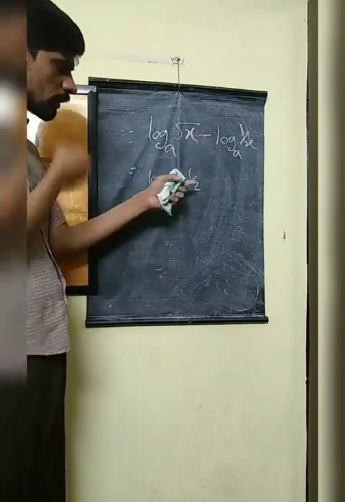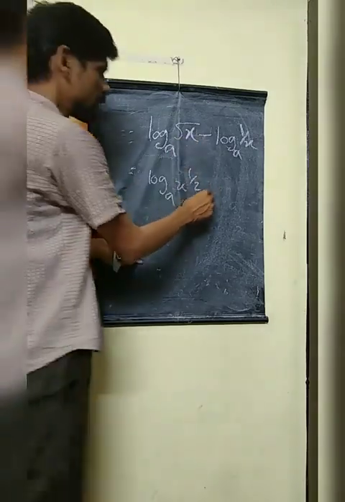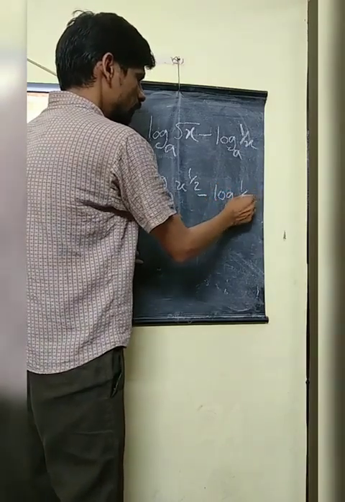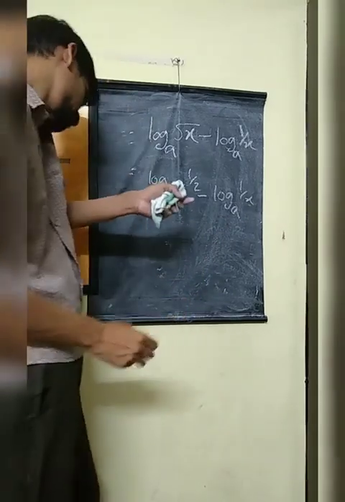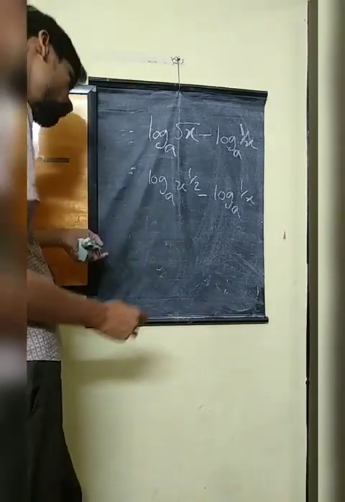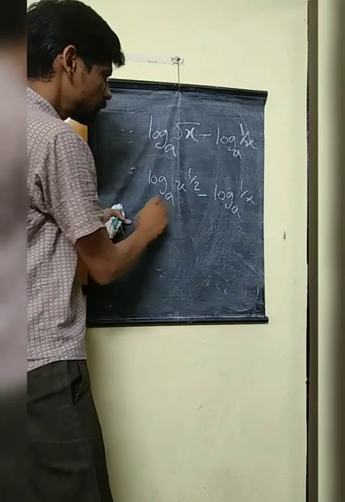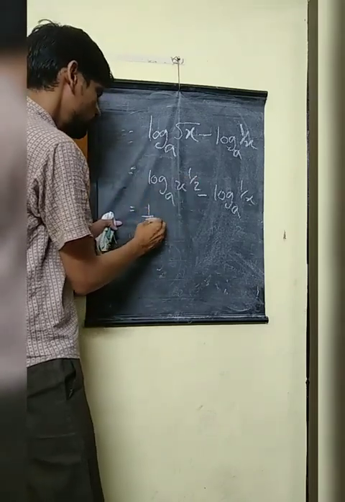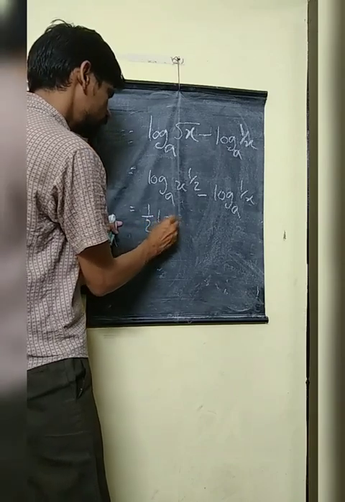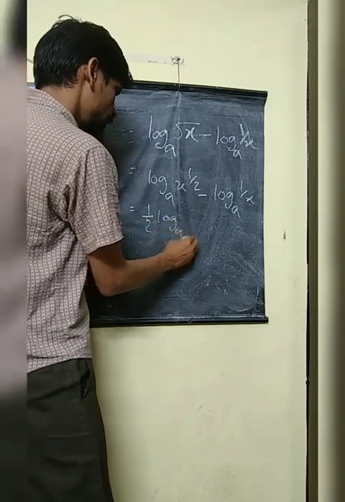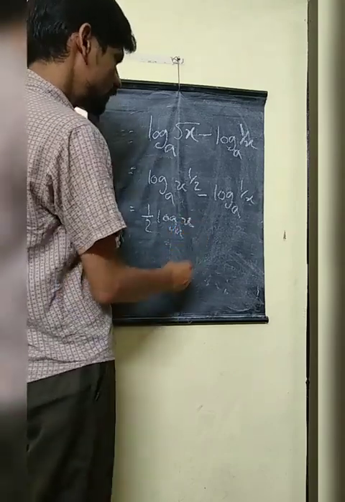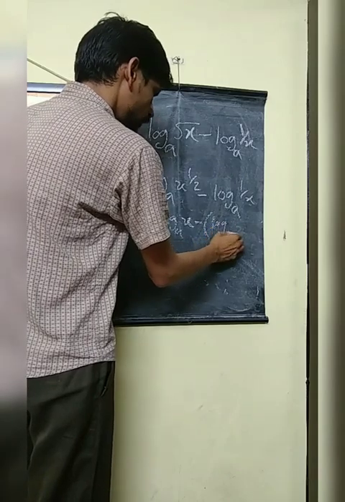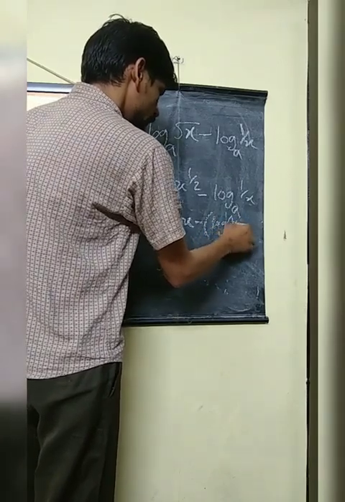Minus log base a of 1 by x, right? So this can be translated as, we can move this half before, half log a x, right, minus log a of 1 by x.